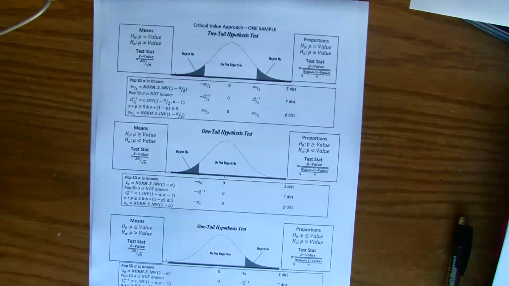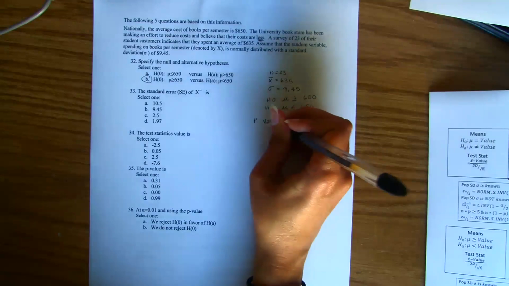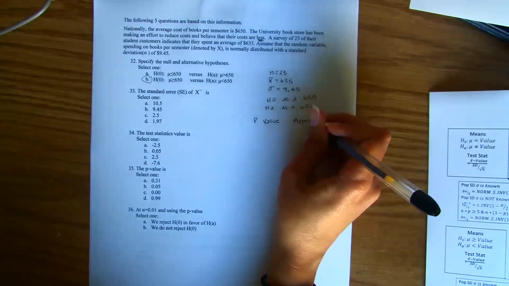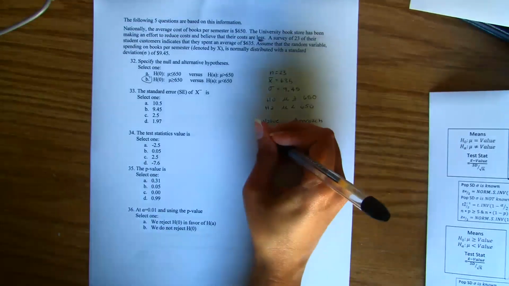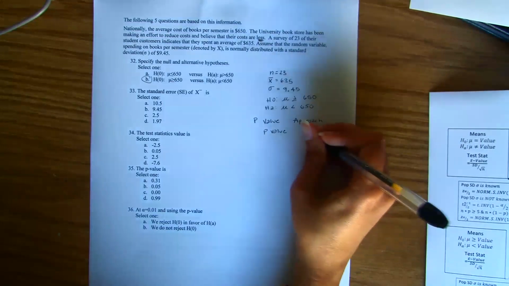Whenever we do the p-value approach, what are the two values that we're comparing? We're going to be comparing our p-value to alpha. Those are the two things that we need. So for the p-value approach, we are comparing the p-value to alpha.